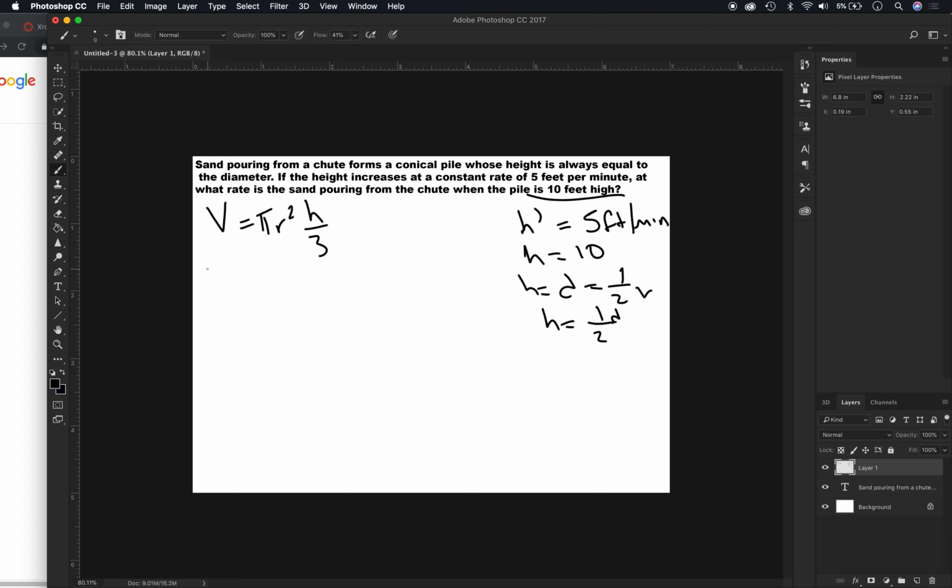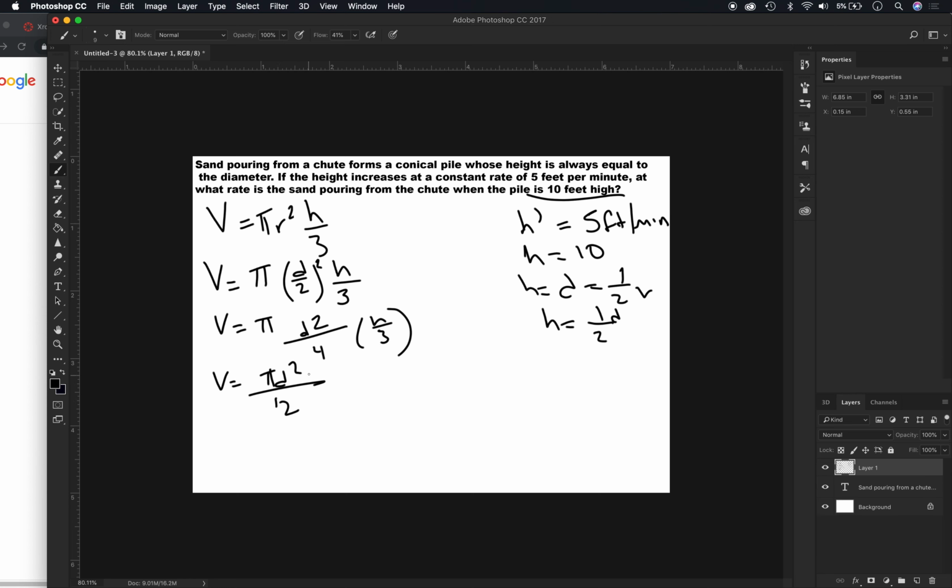So pi d over 2 h over 3. Whoops, forgot the square. Whoops. And now we're just going to do the same thing. So v equals pi d squared over 4 h over 3. V equals pi d squared h over 12. Oh, can't forget the h. And that is our beautiful, lovely equation.